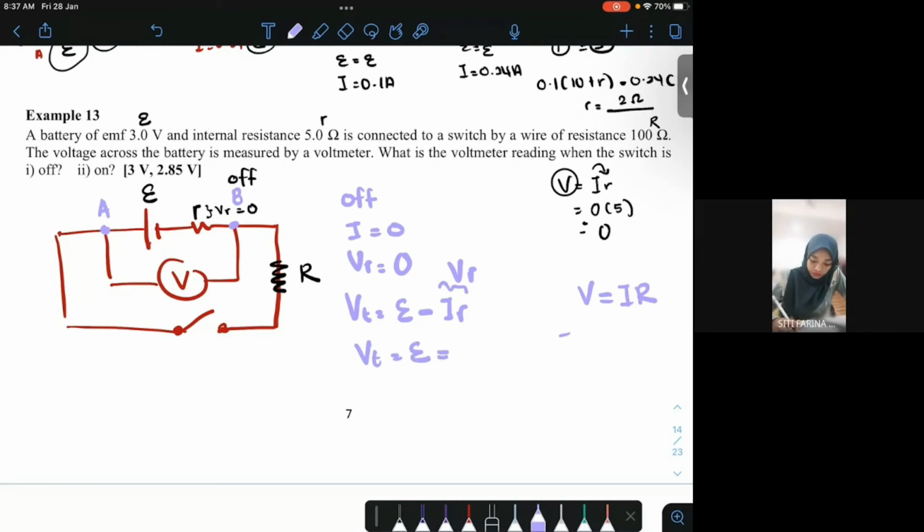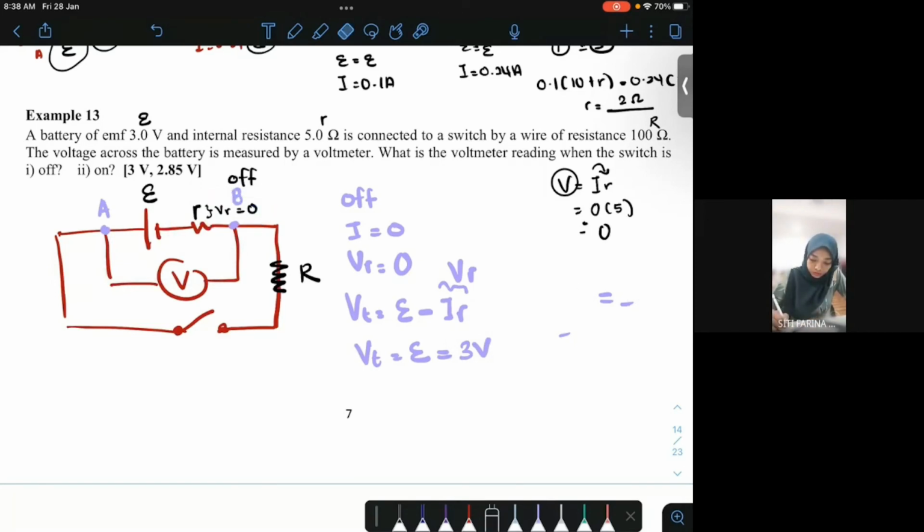Potential from the EMF. Sebenarnya dekat sini pun kita tahu takkan ada current lalu. Cuma untuk lalu dia akan mempunyai potential sebanyak 3 volt juga. Because you don't have to overcome this. So bila dia nak baca, kamu nak tengok, oh apa potential bateri ni? 3 volt. Ini sebab current tak lalu internal resistance.